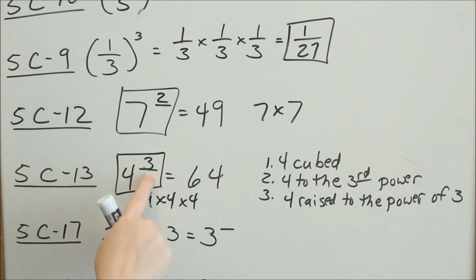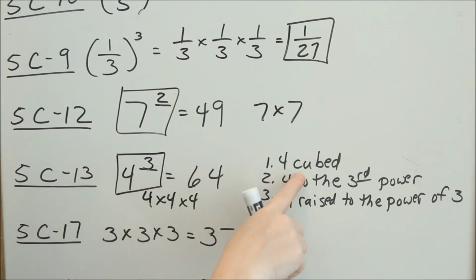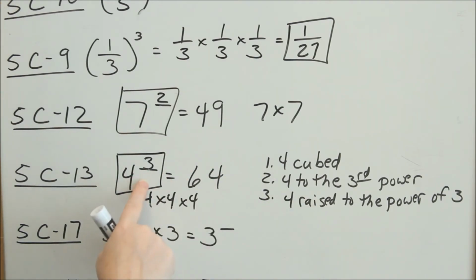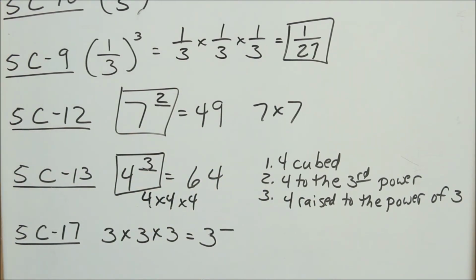Okay, I also wrote out in words the 3 different ways of how to say this. This could be written out or said as 4 cubed, 3 has a special word of cubed, or 4 to the third power, or 4 raised to the power of 3. That's 3 different ways to say this. They all mean the same thing.